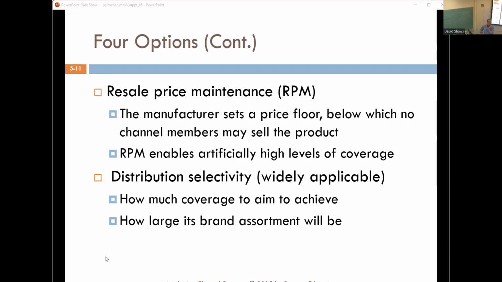And probably the last one, and probably what I would consider the most widely applicable, is selectivity, where you decide how much coverage you aim to achieve and how large your brand assortment is.